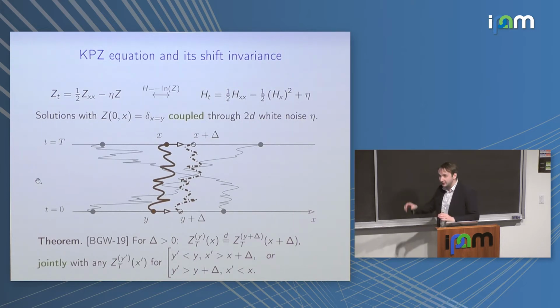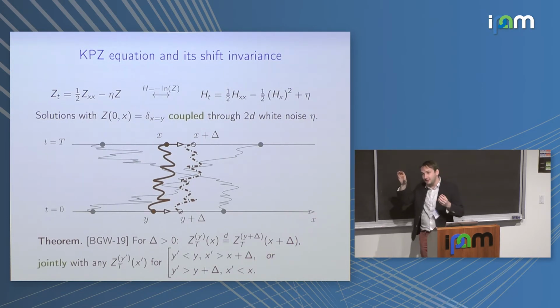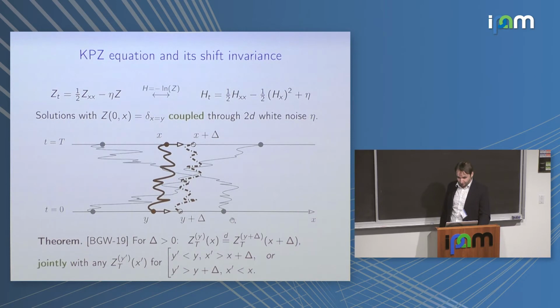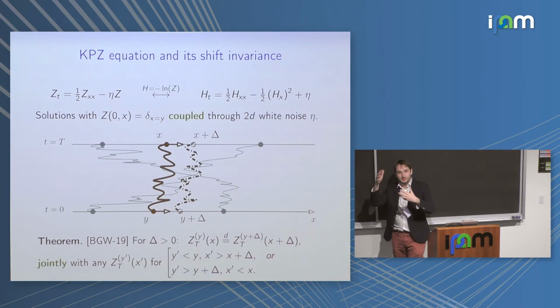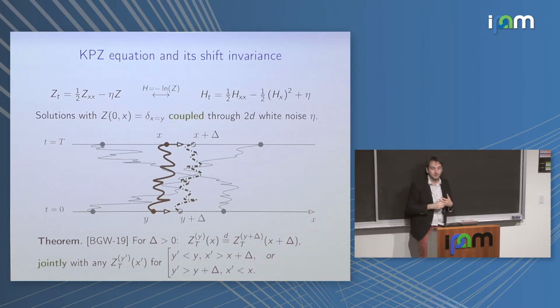And the statement is that not only is the one-dimensional law invariant, but it actually remains invariant if you simultaneously throw into the picture several other solutions. So you can also start your solution from any point to the right and look at the value at a point on the left, and you can look at your solution which starts at any point on the left and look at the value at a point on the right. And then again the statement is that when you make the shift, the joint distribution is invariant under this shift. That's the statement of this shift invariance for the KPZ equation.